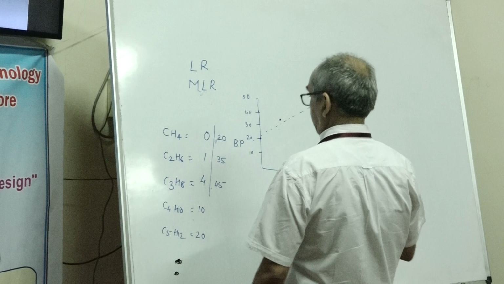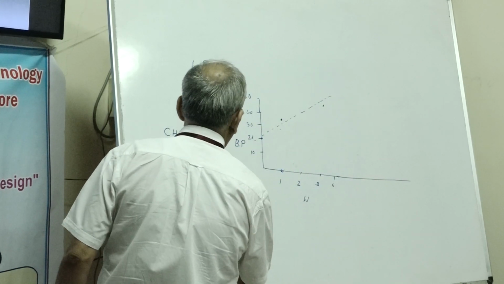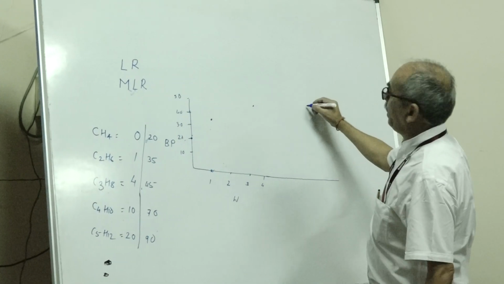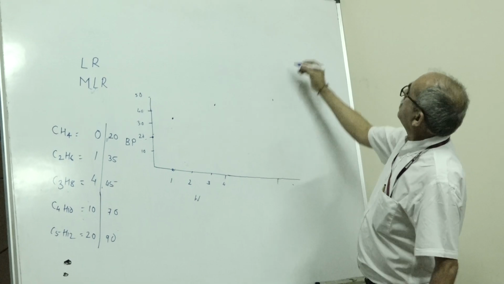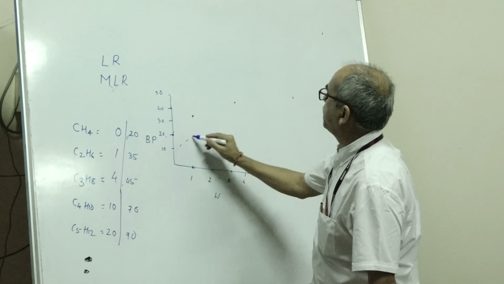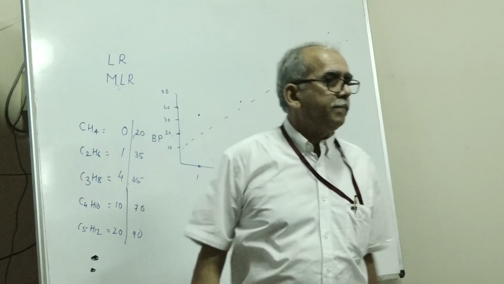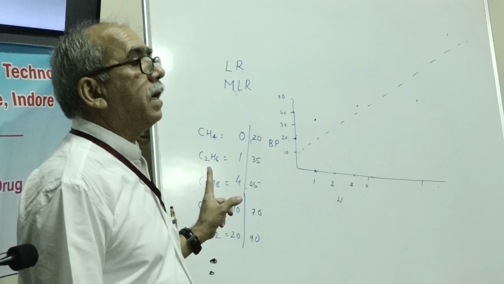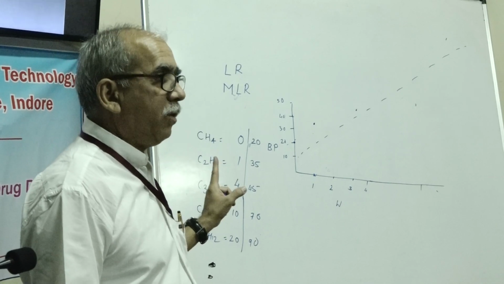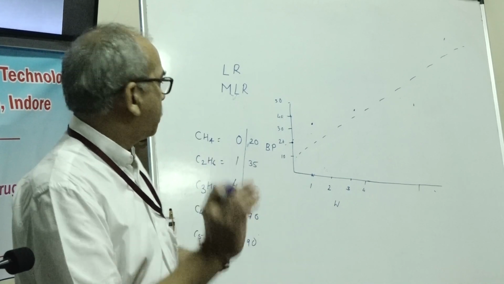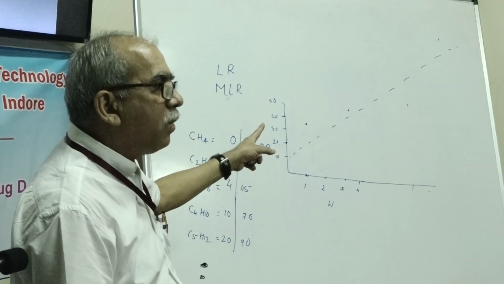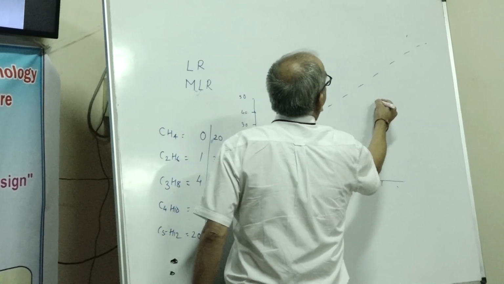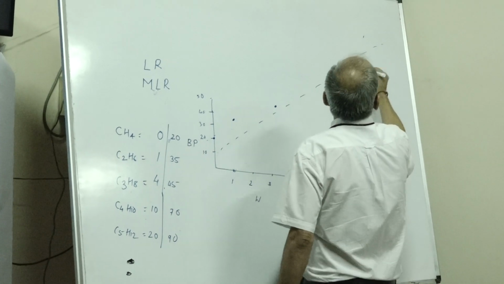Then what you will find, somewhere this or this. Now you try to plot this line. Now you see that the previously calculated R square value was something like 0.95, approximately. Is it going to be the same now? No, it has deviated. Now you can see this deviation.